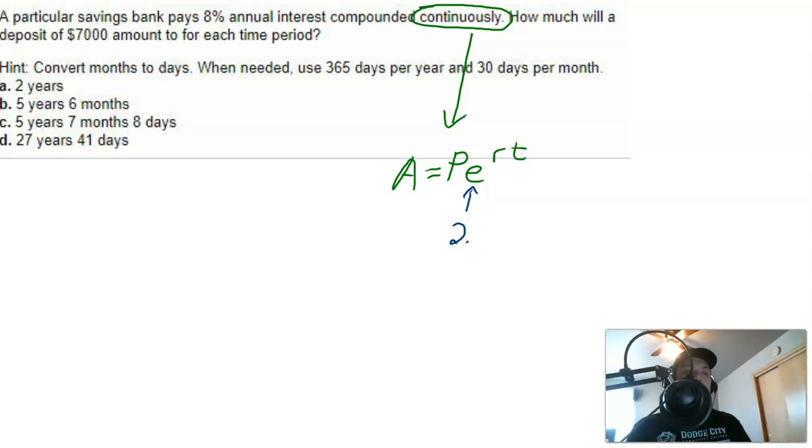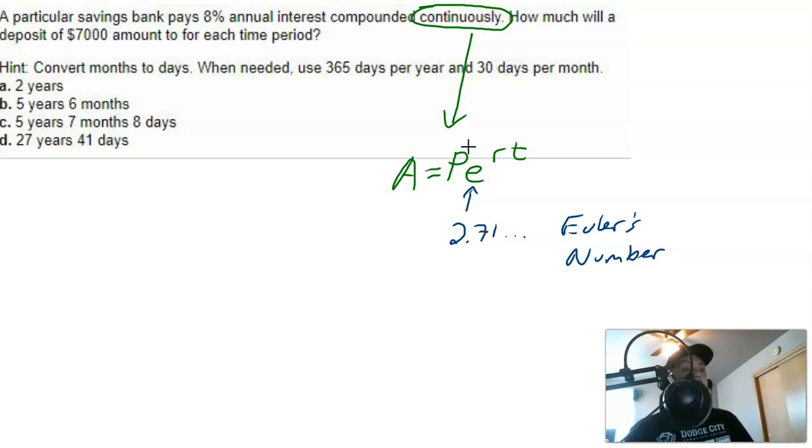That run-on decimal is something like 2.71... This is called Euler's number. If you want to look it up, it's a really fascinating number. It shows up in all sorts of unexpected places. It's a very common number in nature.